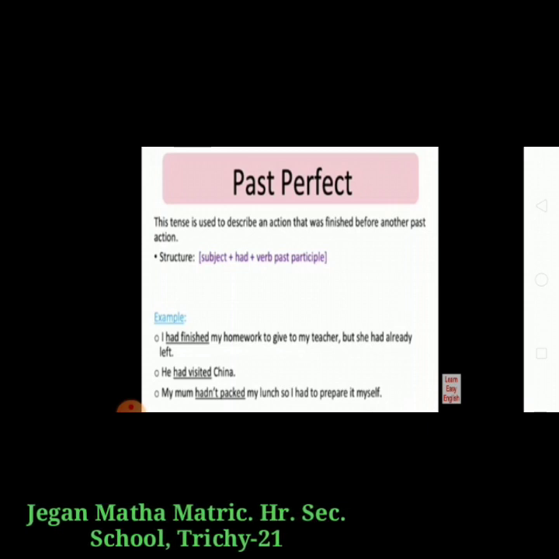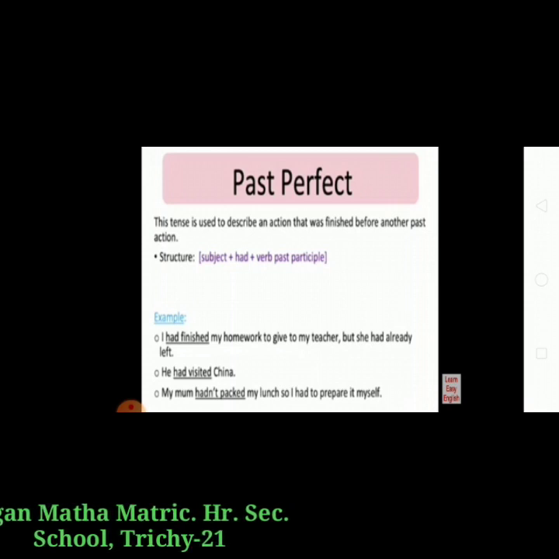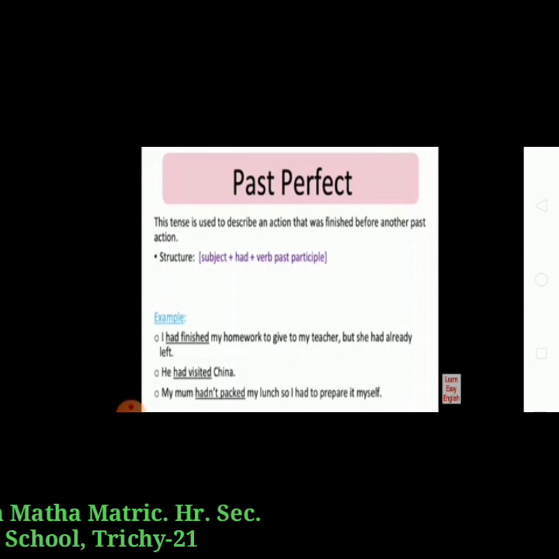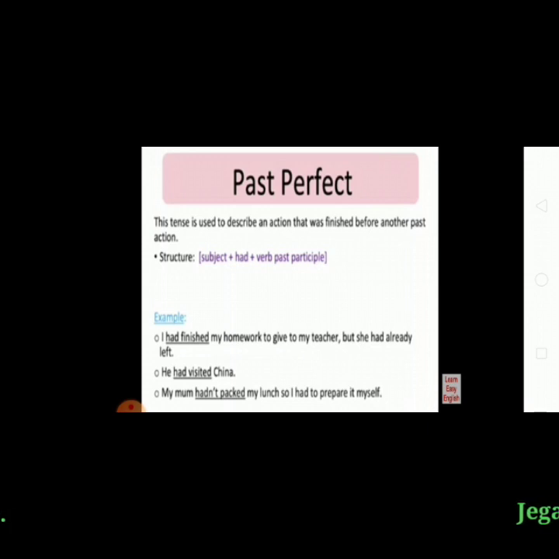Next point, to describe an action or event which has been completed before some point of time. For example, by 11 a.m. all the students had left the school campus after the Independence Day celebration.